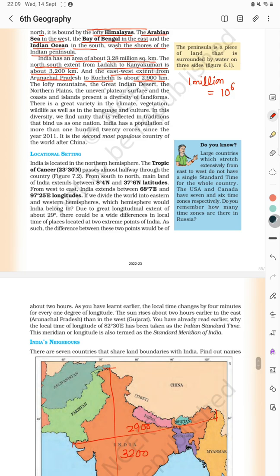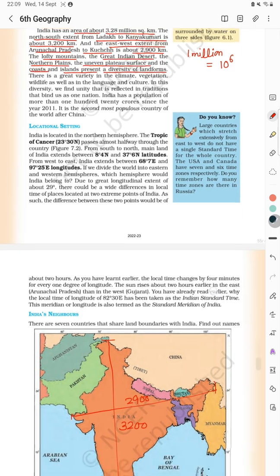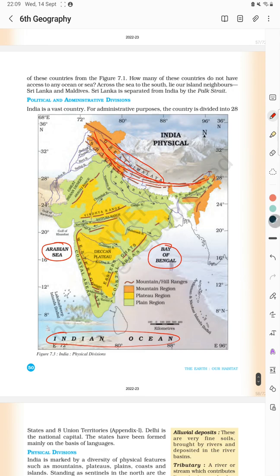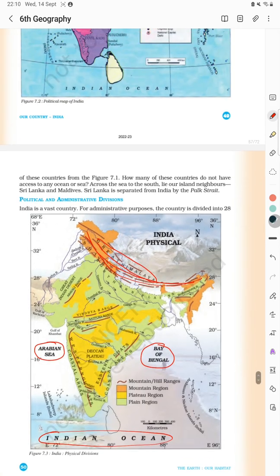The lofty mountains, the great Indian desert, the northern plains, the uneven plateau surface, and the coast and islands present a diversity of landforms. If we look at the physical map, we can see we have Himalayan mountains, then we have the plains area, then we have plateau, then we have coastal areas, then we have islands.